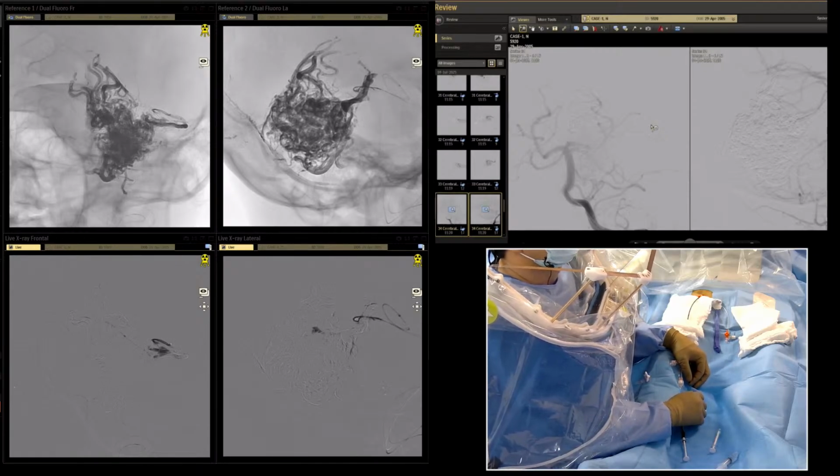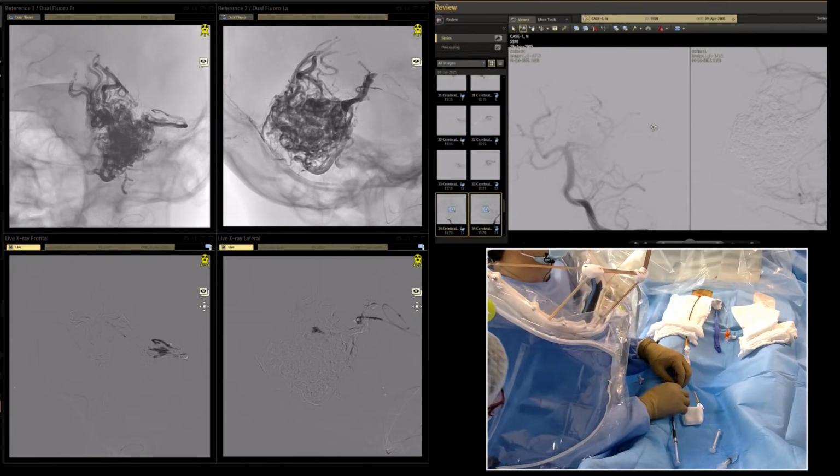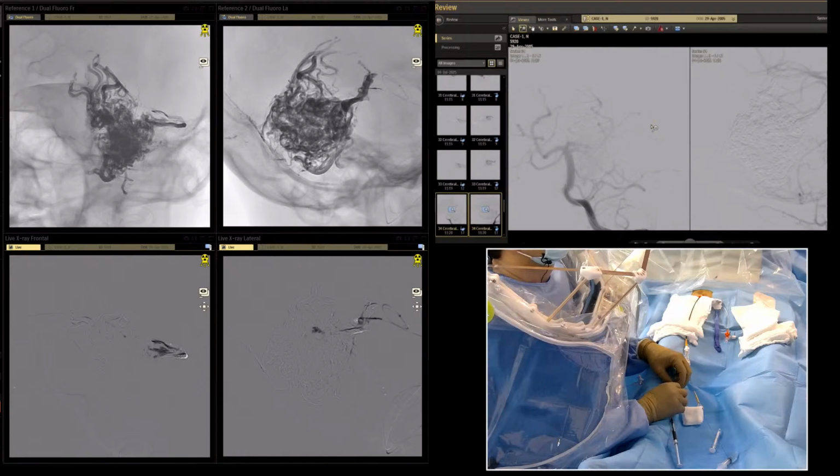Okay, we can leave it like this. Now we can retrieve the sonic.